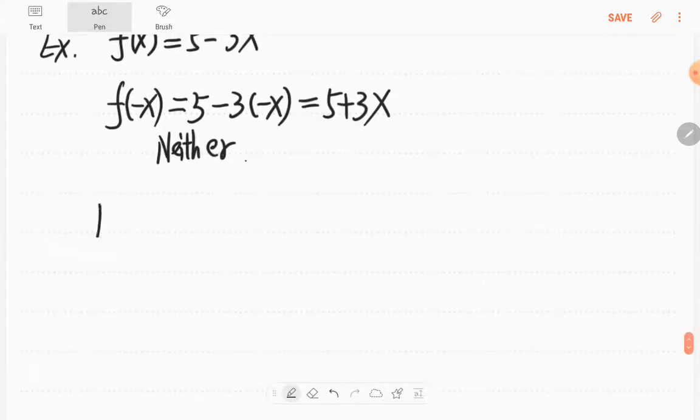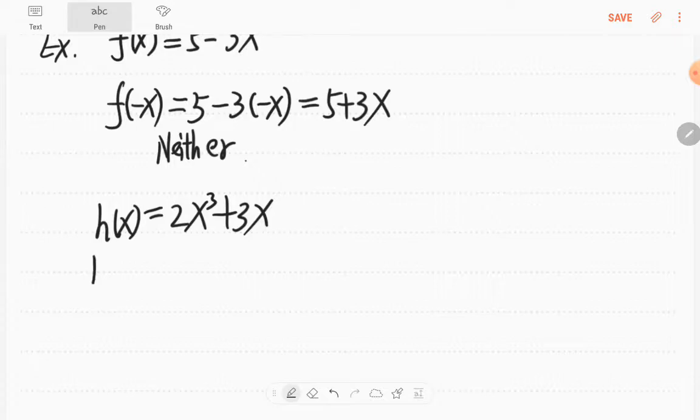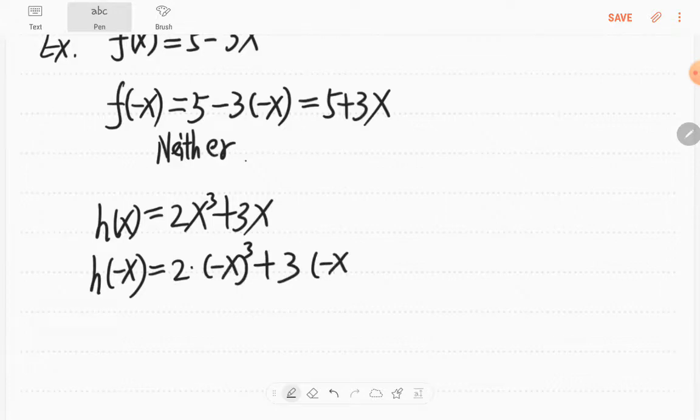And if we have h of x, which is 2x cubed plus 3x, what is h of negative x? That is 2 times negative x cubed plus 3 times negative x, which is negative 2x cubed minus 3x.